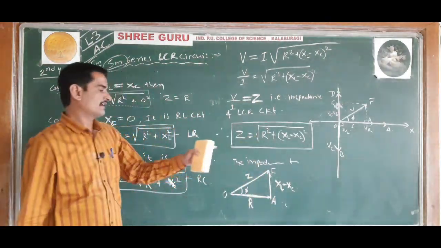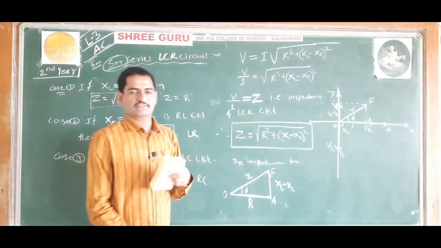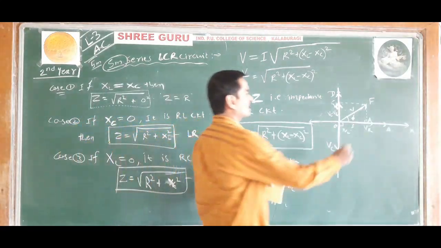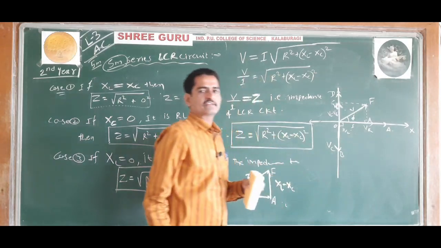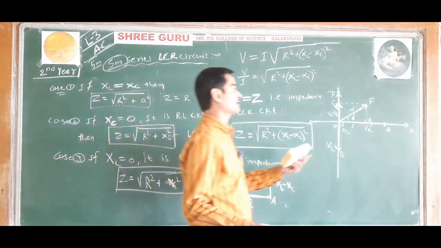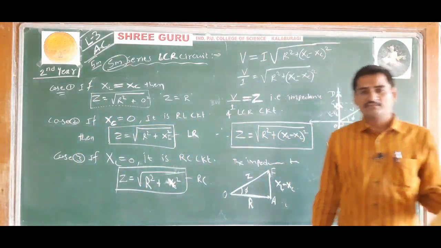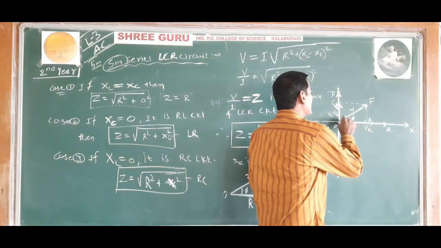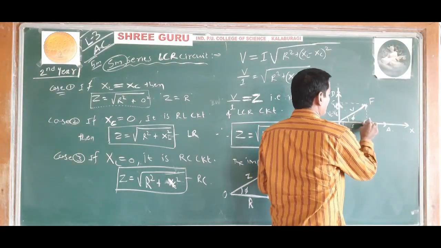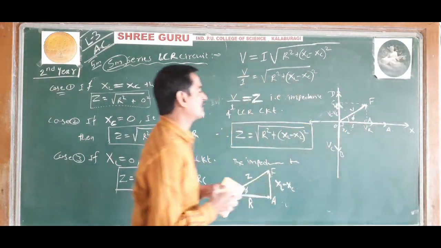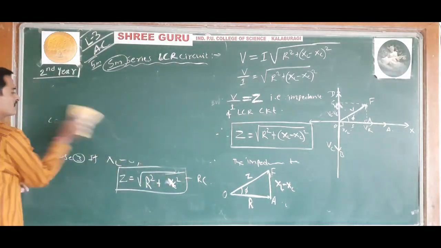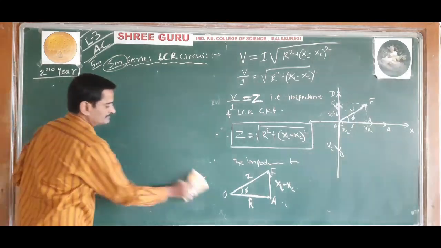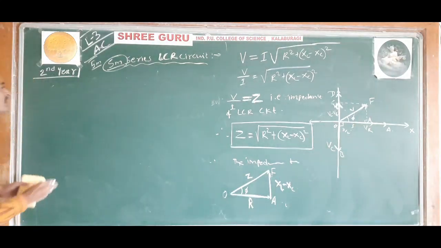So we have derived the effective impedance, or resultant voltage, in a series LCR circuit. Now one more thing we have to derive, that is the phase difference between the effective voltage and current. What is the phase difference between the effective voltage and current in a series LCR circuit?